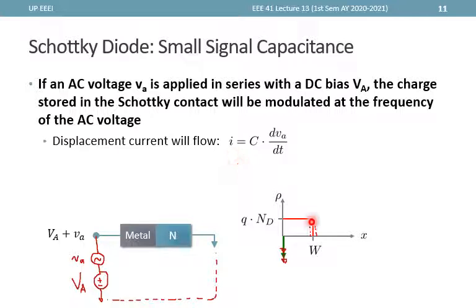Now, it would lead to some capacitance where we'll use I is equal to C dV over dt. But since I is equal to dQ over dt, we can cancel the dt and get that C is equal to dQ over dVA, meaning the small signal capacitance is related to the amount of charge that we get for this applied small signal voltage.